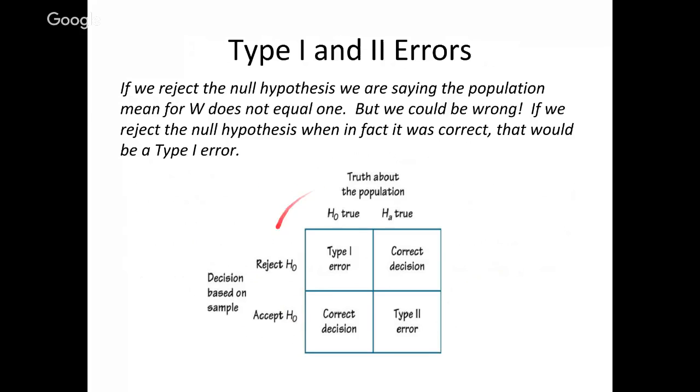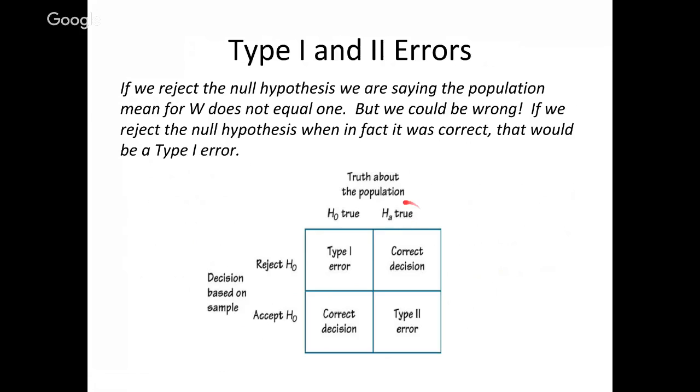Here's a table to help you understand the relationship between type 1 and type 2 errors. Say the truth about the population is that the null hypothesis is true, but because of randomness in our sampling of that population, or maybe we don't have enough data, we end up rejecting H0. Because we've rejected H0 when in fact it was true, that's called a type 1 error.